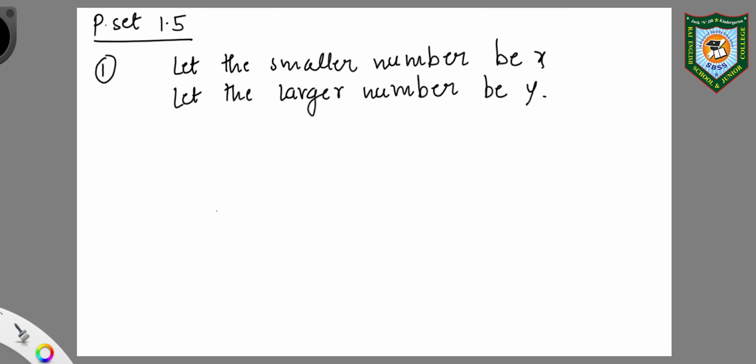Now, the first statement says that the two numbers differ by 3. So therefore, if my larger number is y, that means y minus x is equal to 3. So this is my equation number 1.